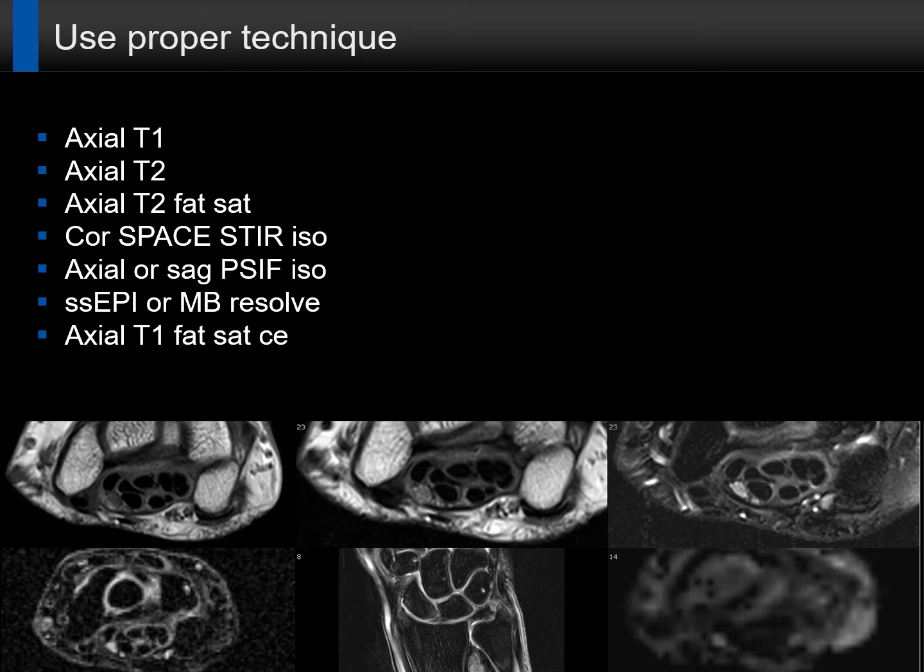So I use a lot of axials in the extremities, of course other planes as well. But you can see that the normal protocol is pretty straightforward. I do give contrast, but only in selected cases where I want to see if there is a breach of the blood-nerve barrier and if there is enhancement or inflammation of a nerve.